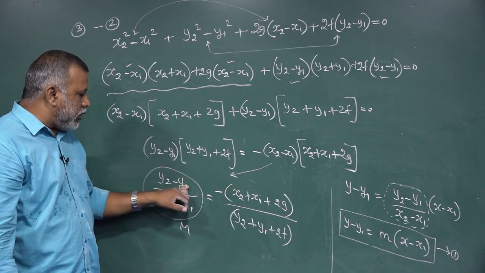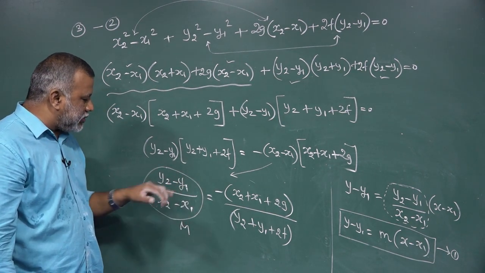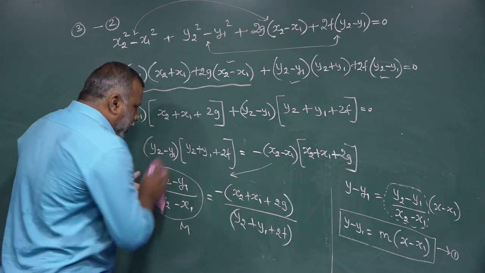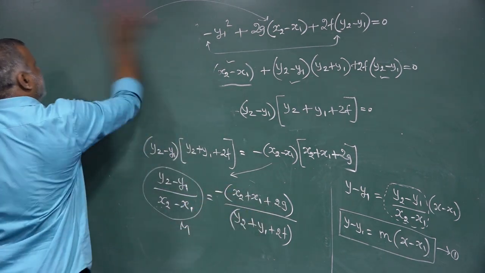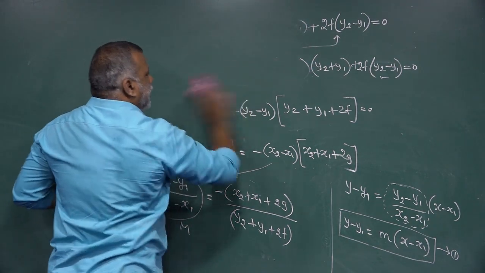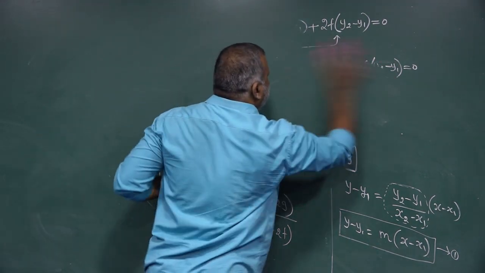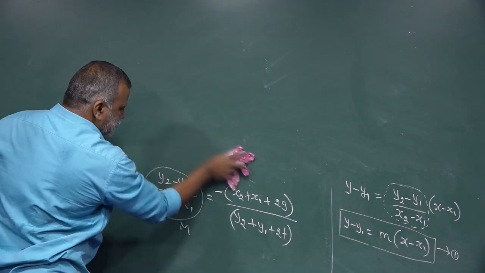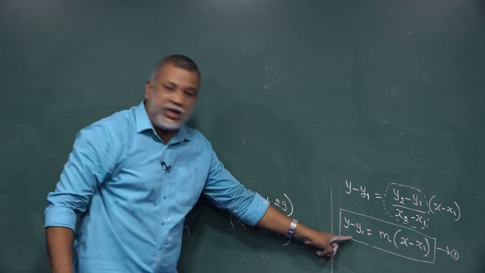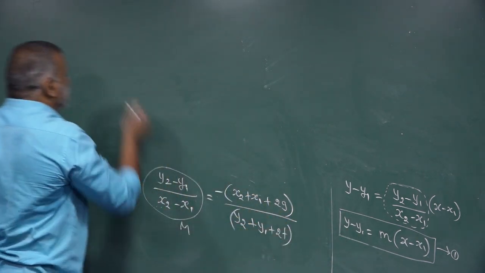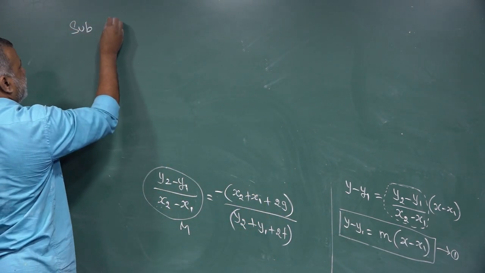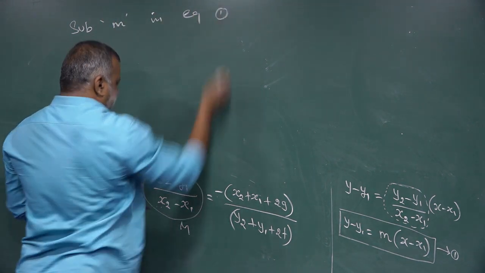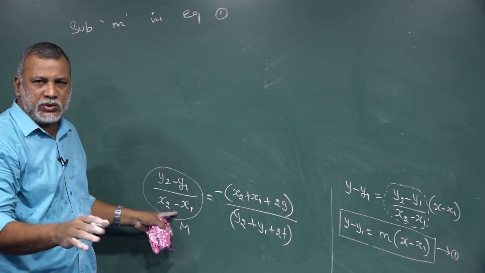This y2 minus y1 divided by x2 minus x1 is equal to the minus of this value. Now I have to substitute this slope in equation number 1. This is already worked out. Now substitute m in equation 1. m is nothing but y2 minus y1 by x2 minus x1, that is the slope.